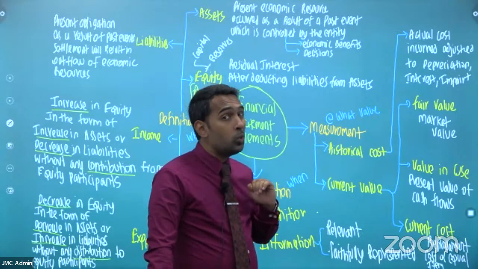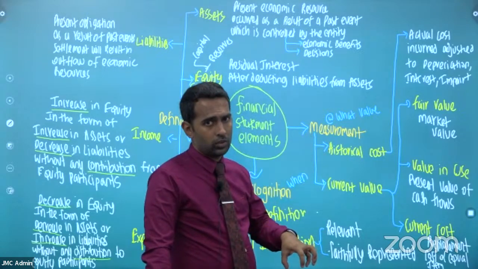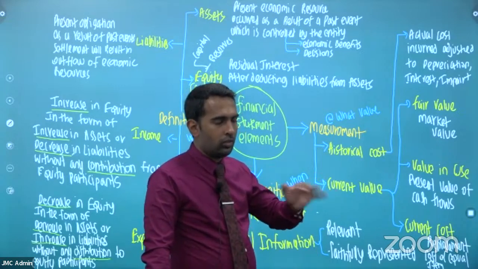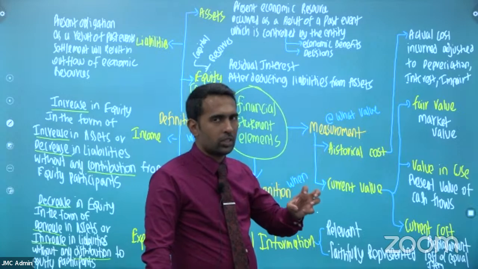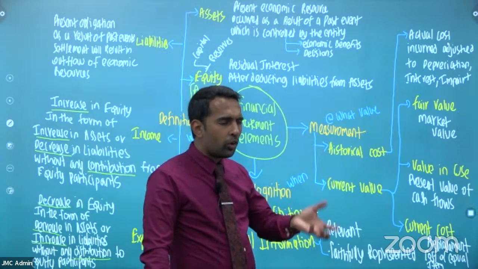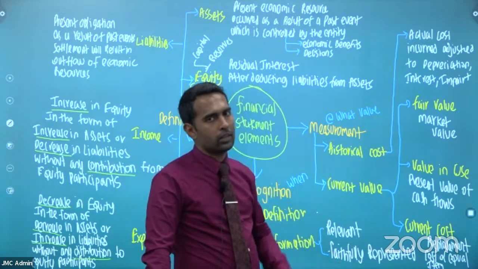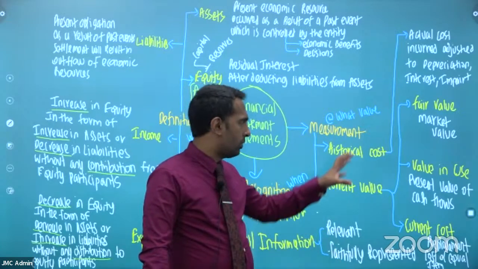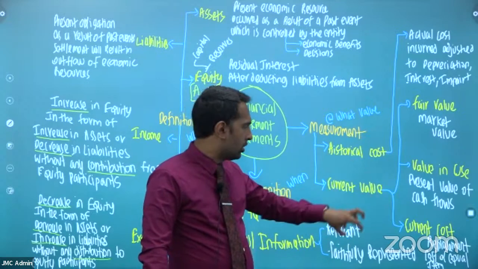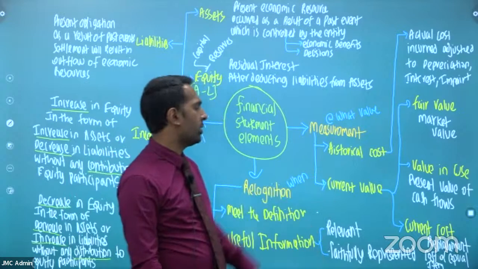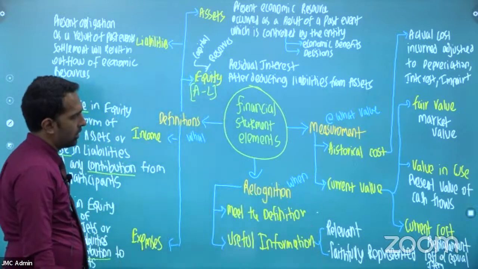Or if you are going to use it, what is the present value of cash flows? Or if you are going to replace it with another one, what is the cost you would have incurred? So by using any of these values, you can bring that to the current value. Or you can keep it at historical cost, right?